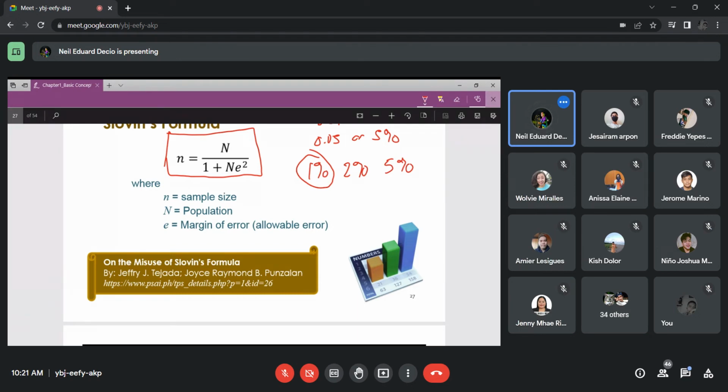Is it simple random, systematic, stratified, cluster, or multi-stage? Which is most efficient?